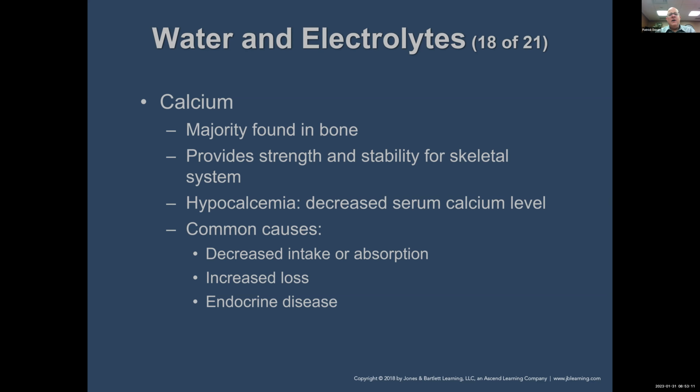So other reasons for hypocalcemia, we can have an endocrine disorder. So sometimes thyroids can cause that. And then we could just have increased loss of calcium. A lot of times increased loss of calcium is secondary to a parathyroid issue potentially, or a malignant state.